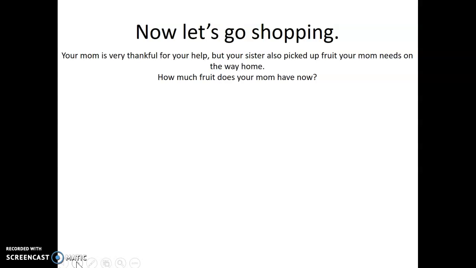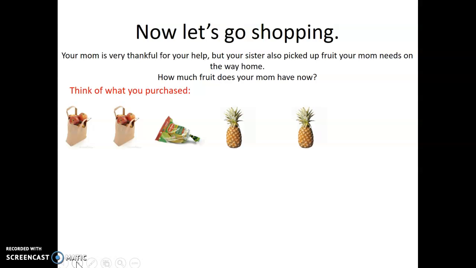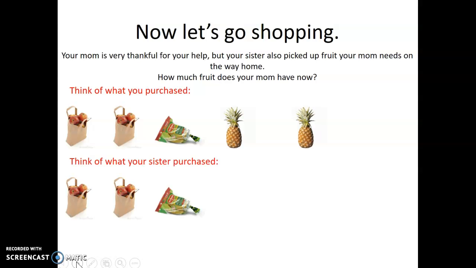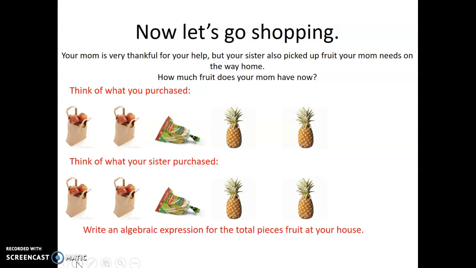So how much fruit does she have now? Well, let's think about what you purchased, and your sister purchased the same thing. So altogether, what would be an algebraic expression for the total pieces of fruit at your house? 4 bags of apples, 4A, plus 2B for your 2 bags of bananas, plus 4 for your 4 singular pineapples.